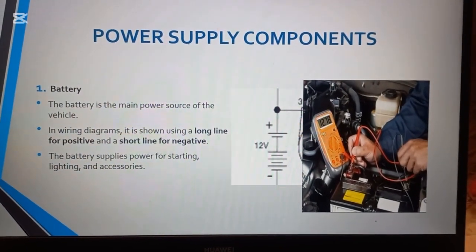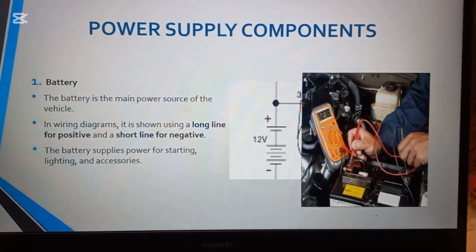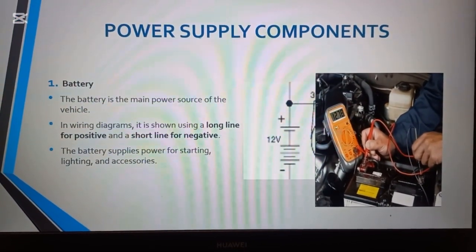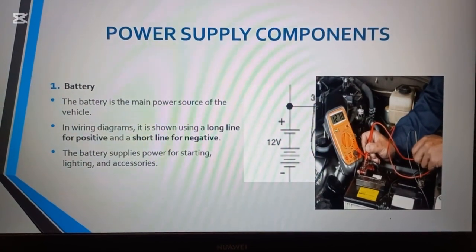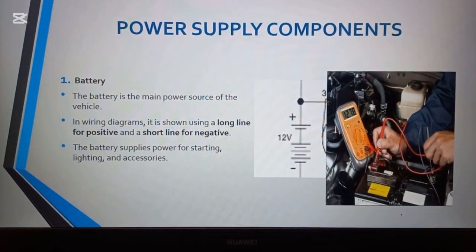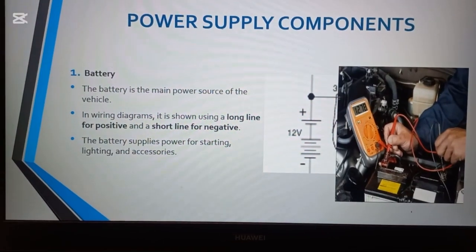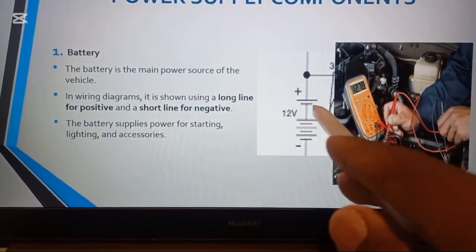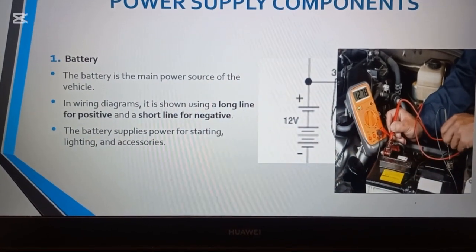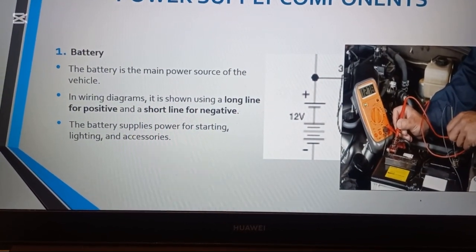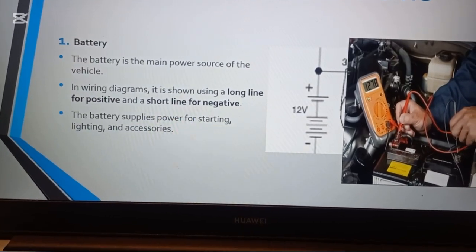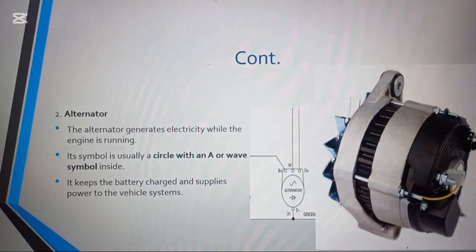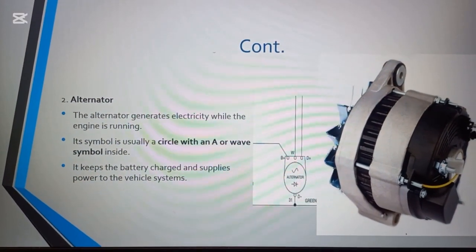Power supply components. Here we have the battery. The battery is the main power source of the vehicle. In a wiring diagram, it is shown using a long line, as you can see, a long line for the positive and a short line for the negative. This battery supplies power for starting, lights, accessories, etc. Then we have the alternator.